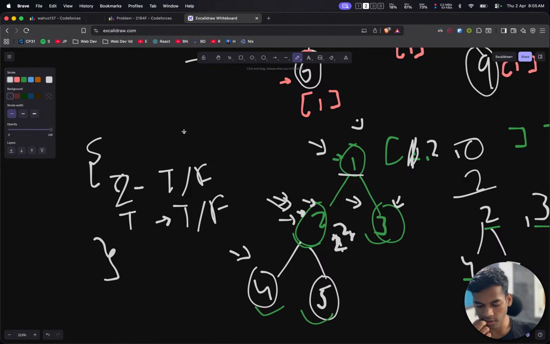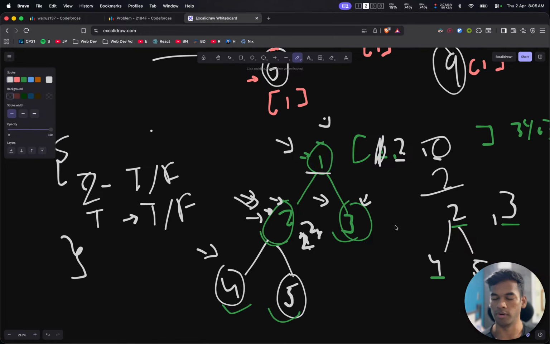Like, yes, that is an objectively correct statement. But again, how to choose the subset of those nodes?